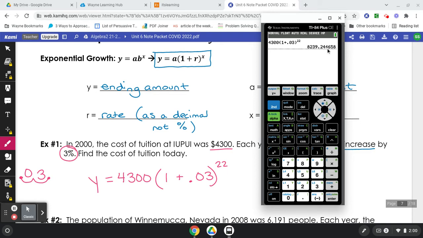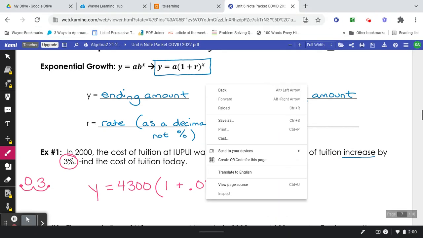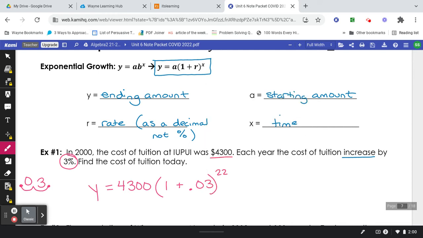The next number is a 4, which means I'll keep this as a 24 and not bump it up to a 25. So $8,239.24. There we go.